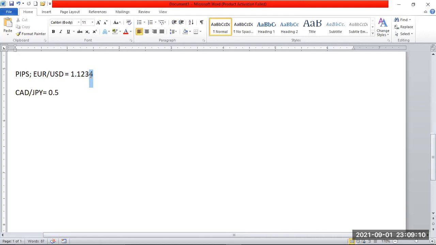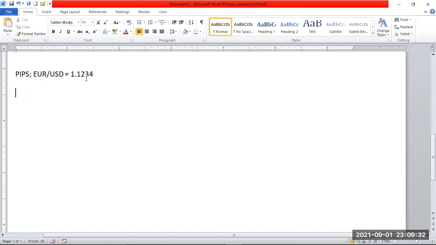I hope you understand this. You calculate your pip from the fourth decimal place forward. Pip is like a unit for measuring your profit or loss. You count your pip from the fourth decimal place forward.